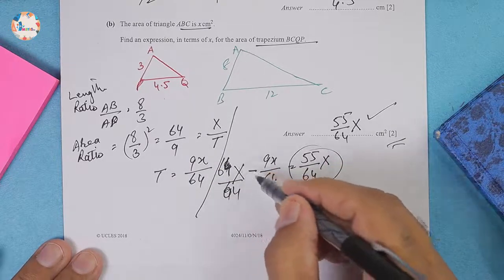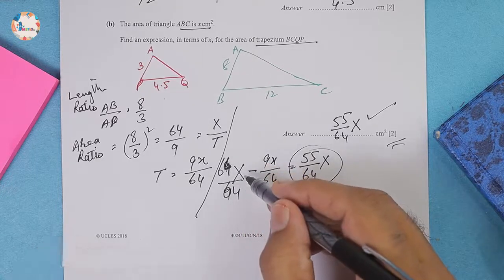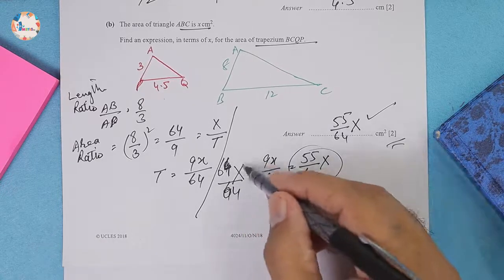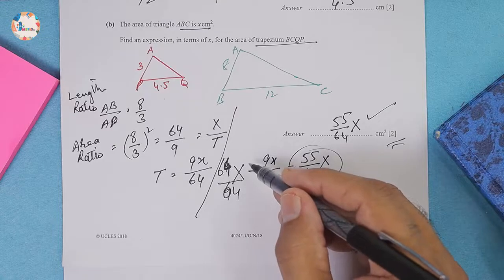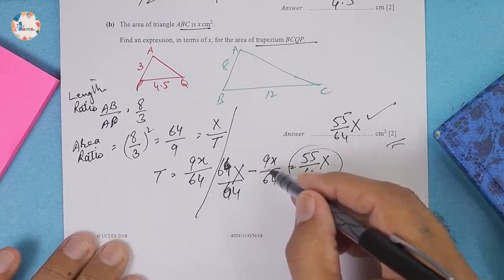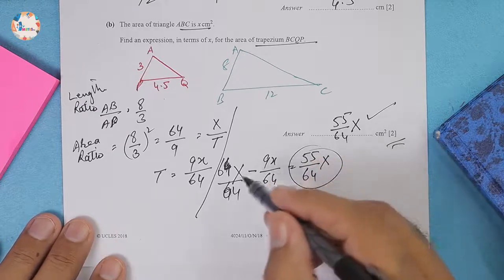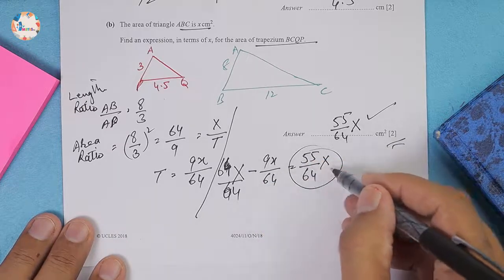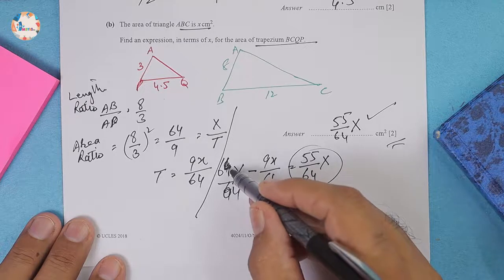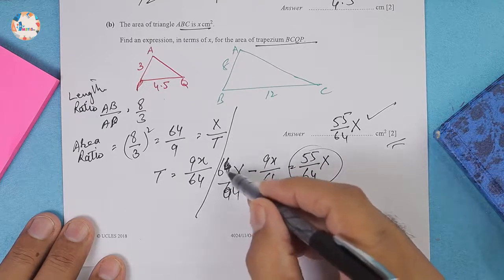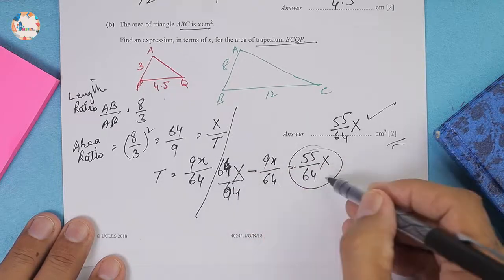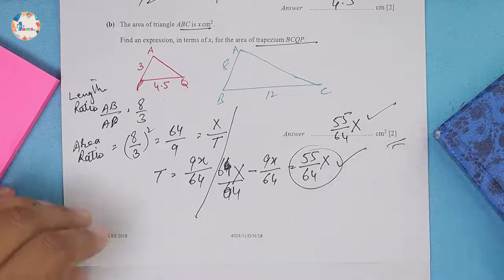Then we found the area of the smaller triangle. x is the area of the bigger triangle, minus the area of the smaller triangle, which leaves the remaining area of the trapezium. So we write 64 over 64, then subtract, and we got this answer. Hopefully you understood this.